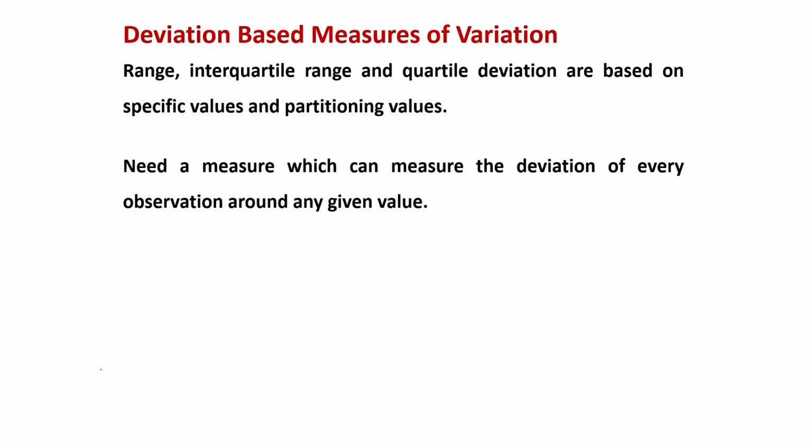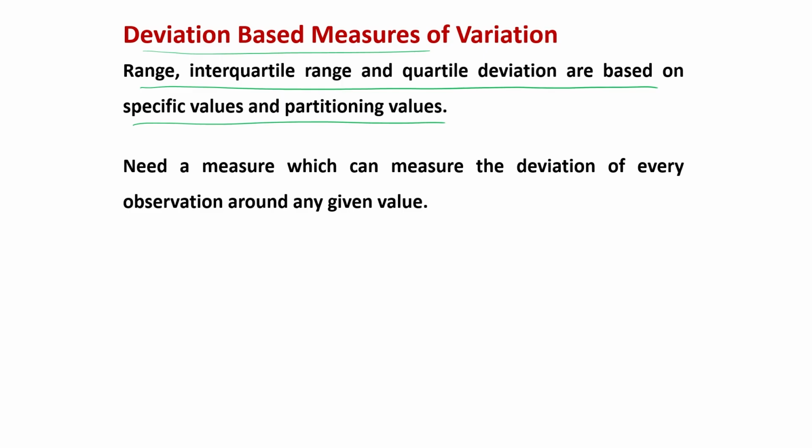You saw in the last lecture that we talked about the range, interquartile range, and quartile deviation, which were based on specific values and partitioning values. Now we want to develop a new measure based on the concept of deviations. The issue with the earlier methods like range, interquartile range, quartile deviation, etc., was that they were based on specific values.